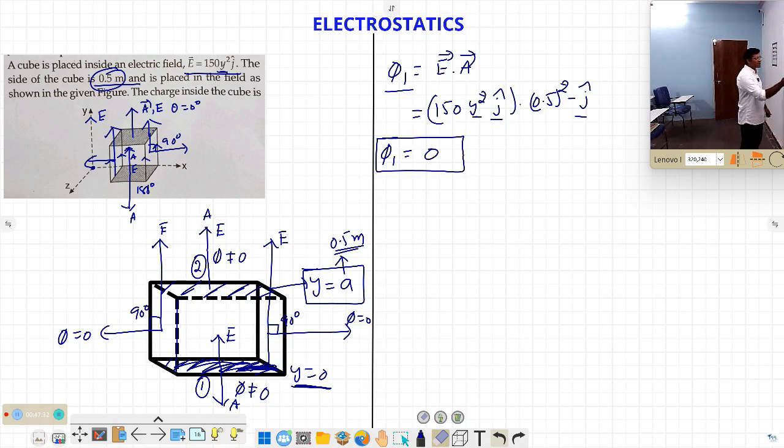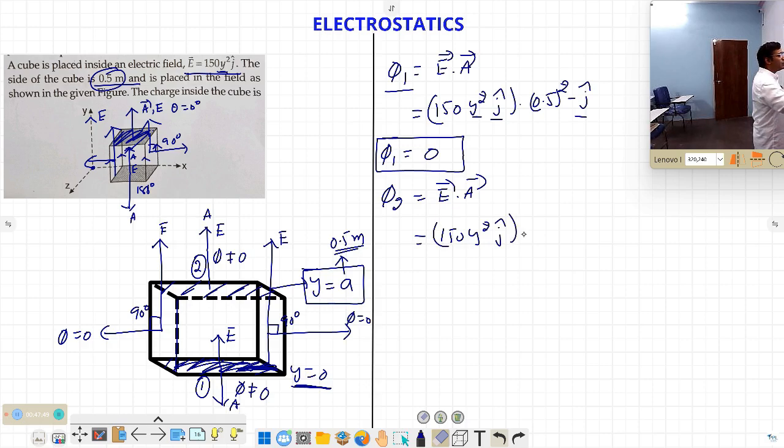Next, what is the flux through the second face, the topmost face of the cube, the shaded part? The flux phi 2 is the electric field across that face dot the area vector. The electric field has the same formula, 150 y square j cap, dot 0.5 whole square, in the same direction j cap.